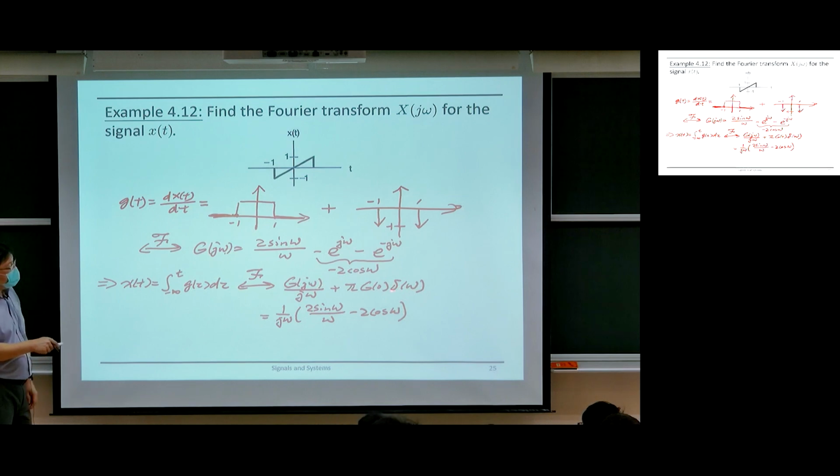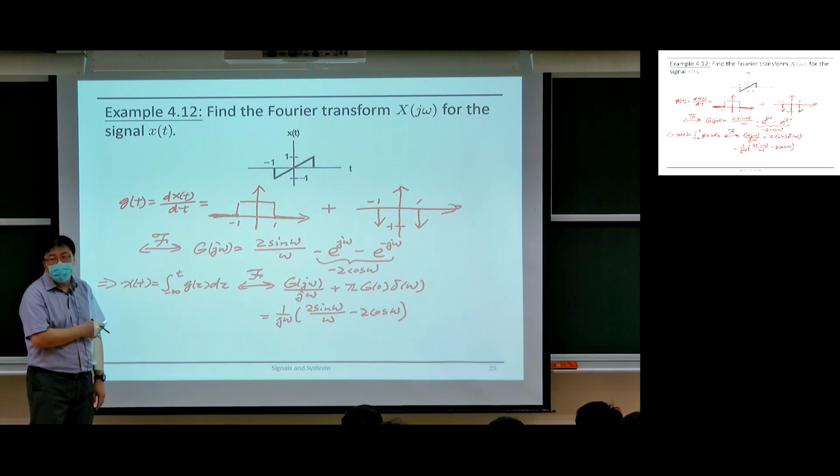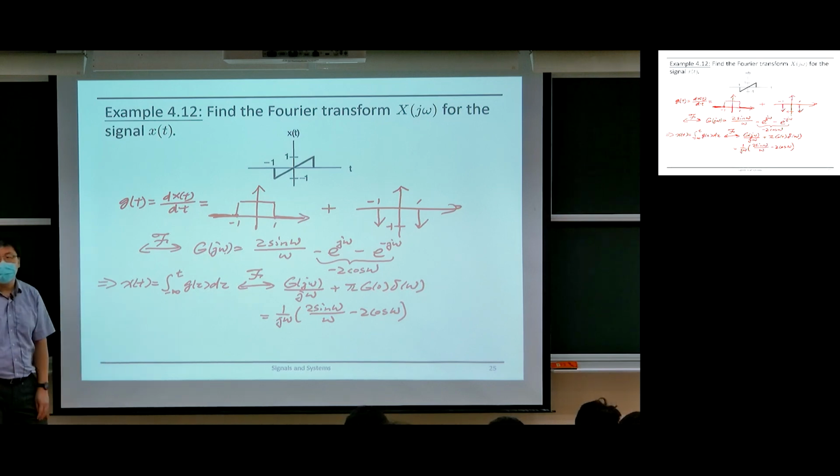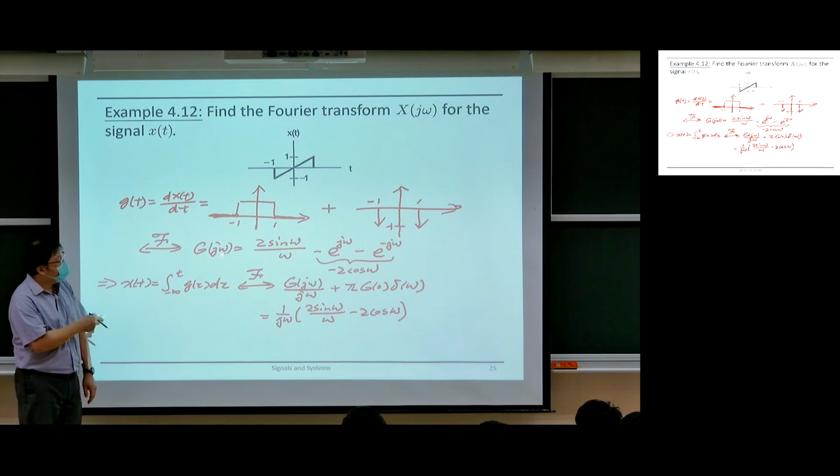Now I also have this term here. When omega is not equal to 0, delta is 0, so there's no problem there. But for omega equal to 0, you have something non-zero scaled by this g of 0. Now what is g of 0?